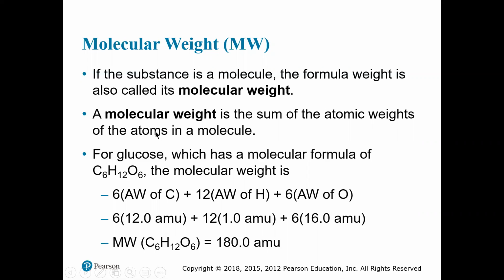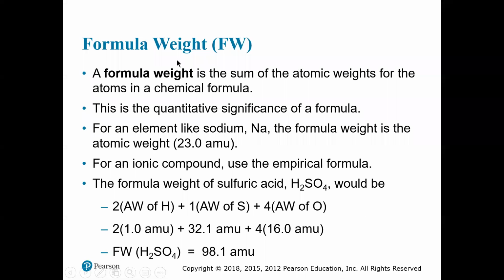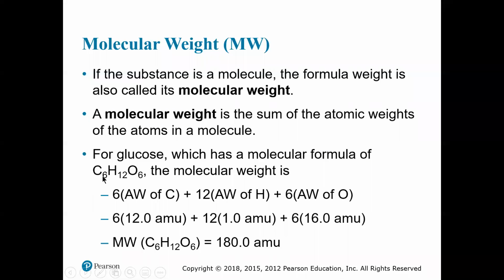The molecular formula is going to be some sort of multiplier of the empirical formula or of the formula weight here. So this has 6 carbons, 12 hydrogens, and 6 oxygens. We'll come back to this molecular weight when we get into calculating the molecular formula. But in this case, you just want to make sure that you're adding all of the values. It's the same setup as the previous one.